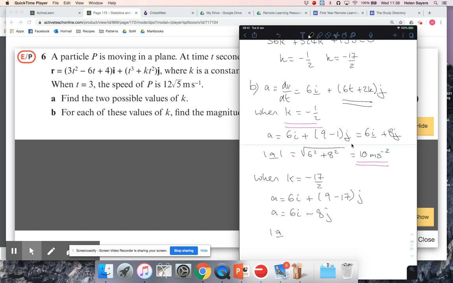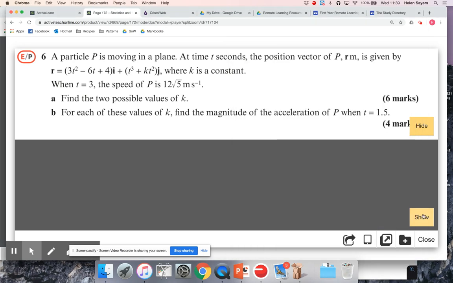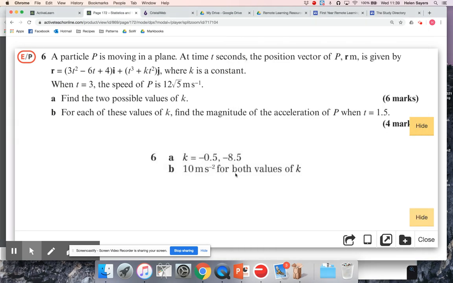So basically the same. I'm wondering if I missed something in the question where I could have concluded that before, but never mind. I don't care about the minus if I'm squaring, so we'll just double check those answers, but I am getting the same magnitude of acceleration, so it is 10 for both.